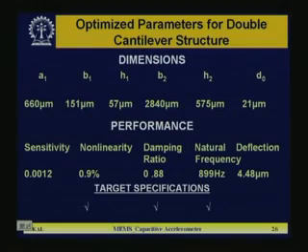Now, we confine to these dimension values. A1 will be 660 micrometer, B1 is 151, that is the width, and A1 is the length of the flexure. H1 is the thickness, 57 micrometer. B2 is 2840, and B2, H2 are related to the seismic mass.